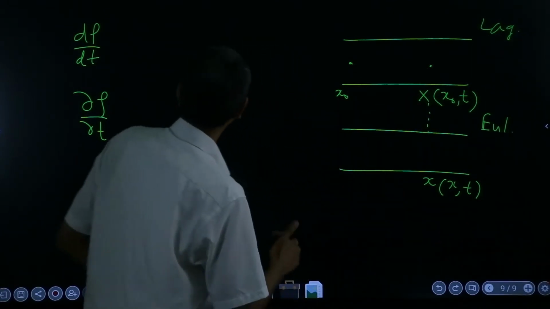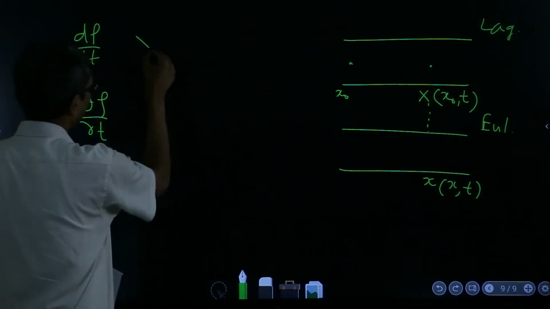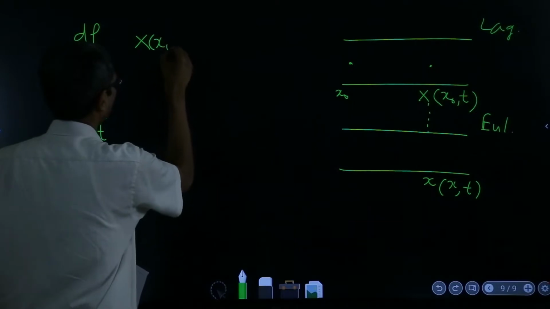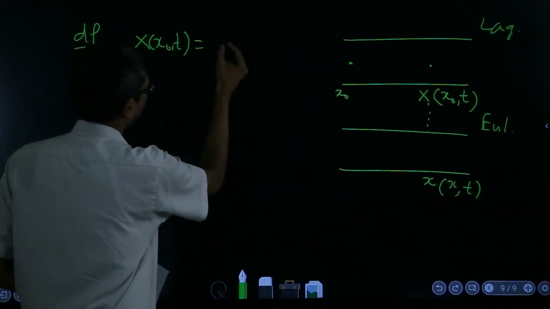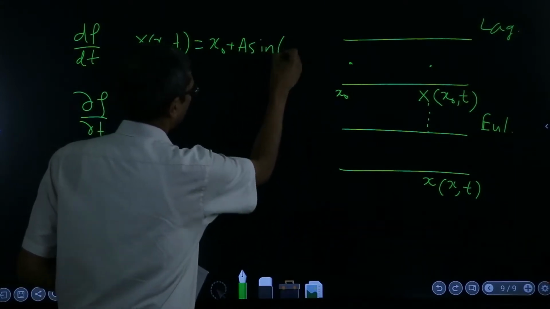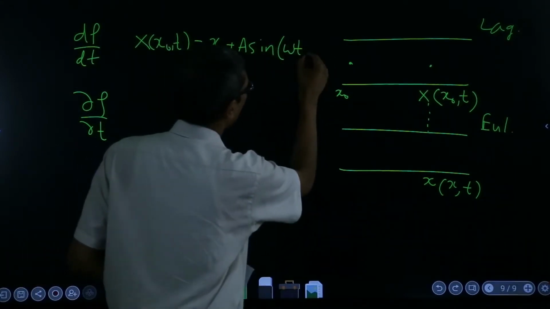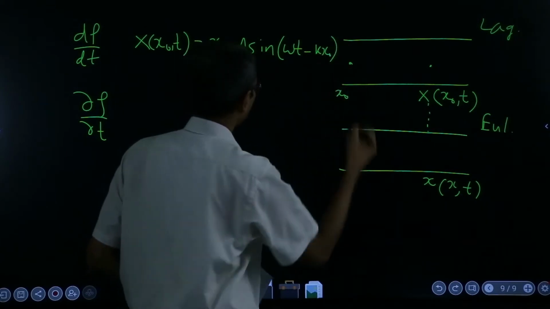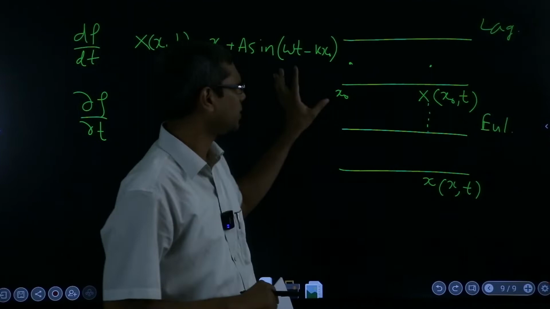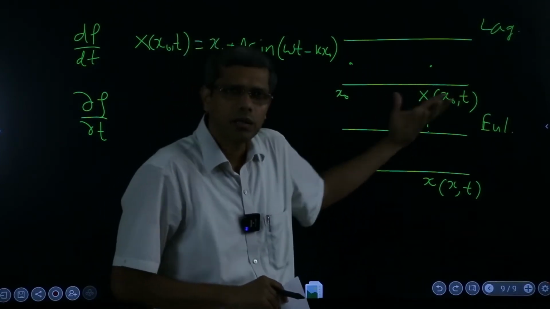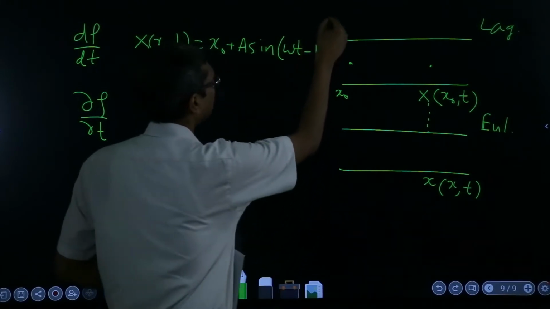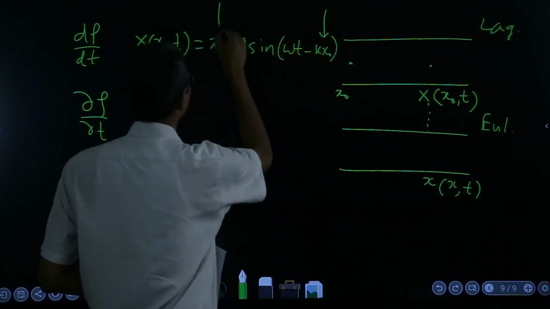Suppose we take the displacement or position function to be x naught plus a sine omega t minus k x naught. Suppose this is what we have taken to be the displacement function in Lagrangian. Please note that all these things are x naughts.